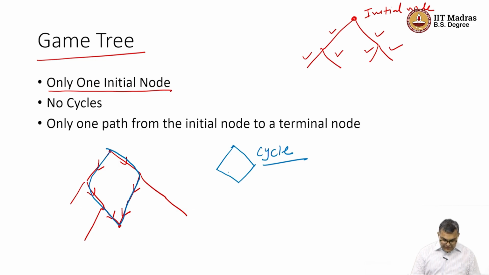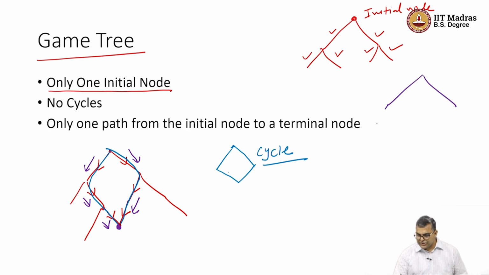If we extend it further, what we mean to say is that there is only one path from the initial node to a terminal node. Here in this example, what is happening? If you pay attention, this terminal node can be reached in two ways, this is one way and another way is this way. This is also not allowed. There has to be only one path.